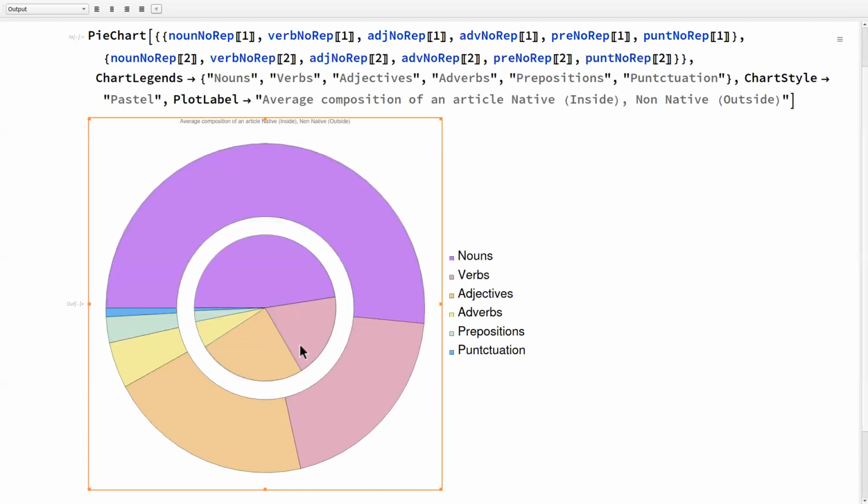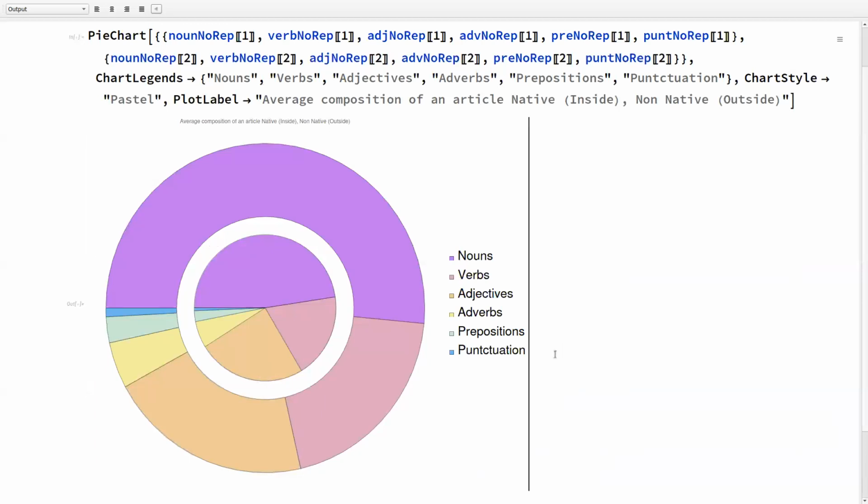So we can see that adverbs, prepositions, and punctuation are almost the same, but natives use fewer nouns, that are in purple, verbs, and adjectives. So that's the main difference here.